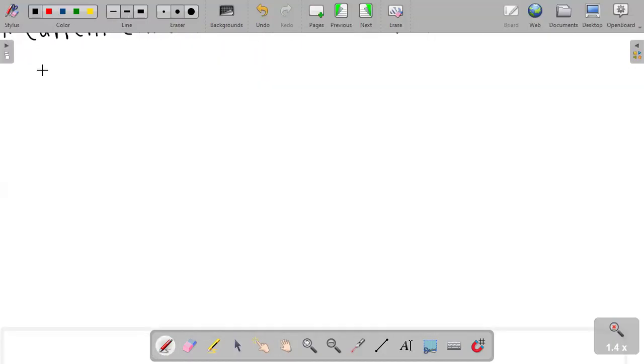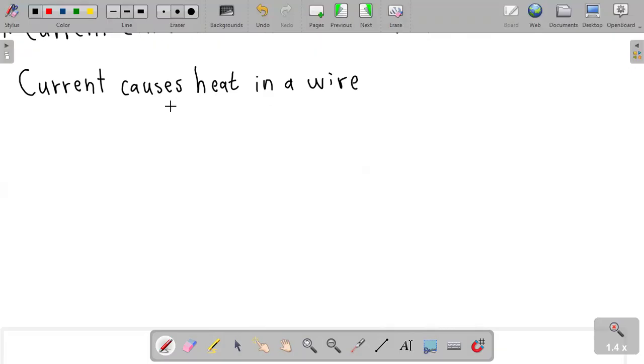We are saying that current causes heat in a wire.